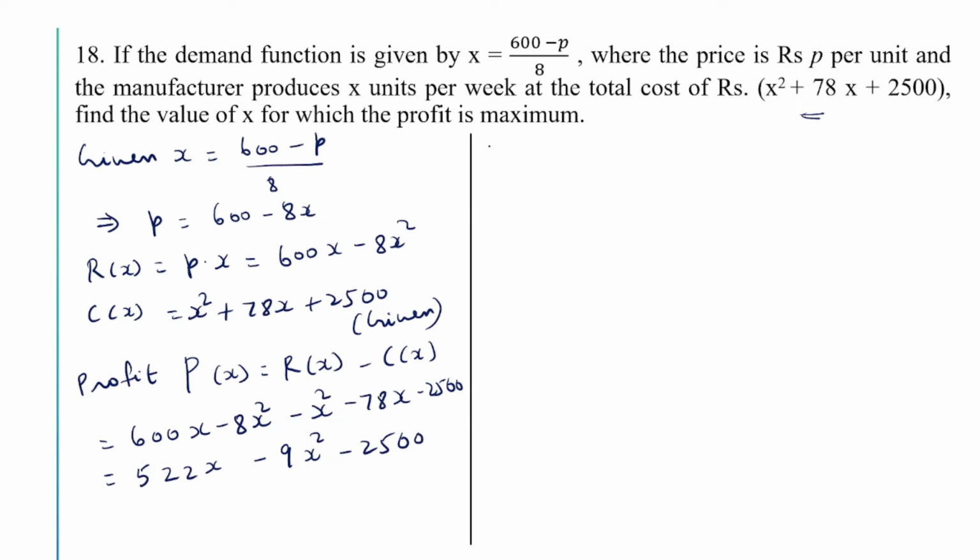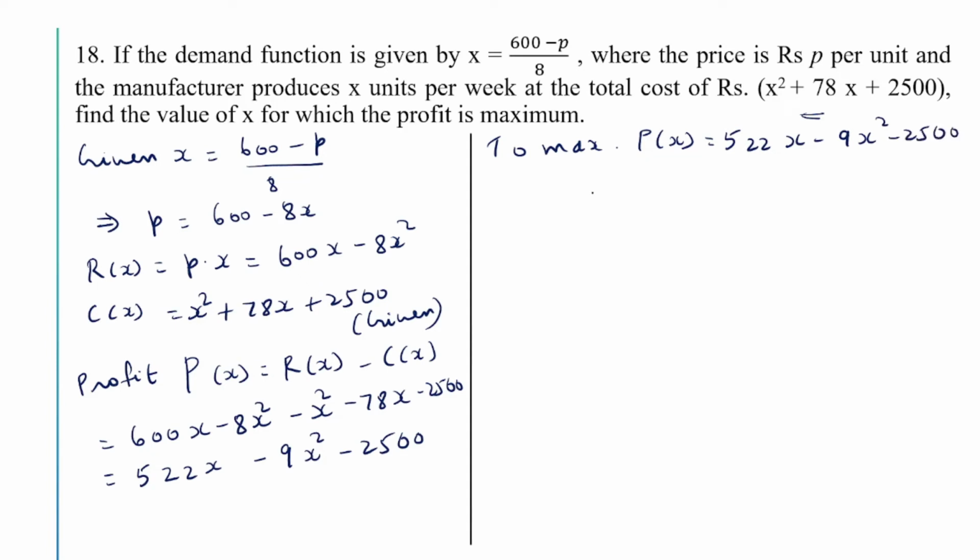Now we have to maximize the profit. So to maximize, P of x is equal to 522x minus 9x square minus 2500.